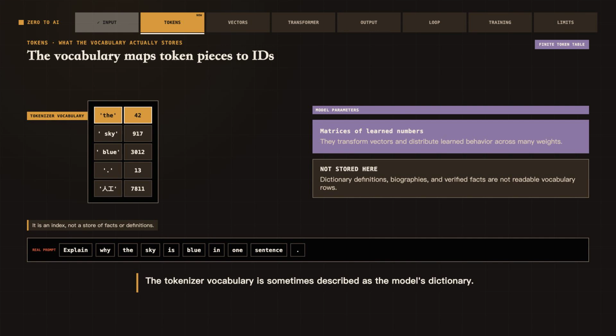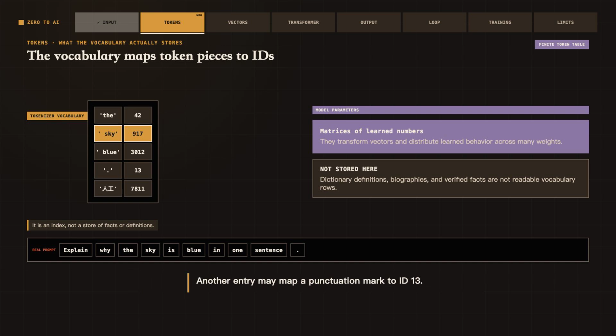The tokenizer vocabulary is sometimes described as the model's dictionary. That wording causes confusion. The vocabulary is a lookup between token pieces and integer IDs. For example, one entry may say that a particular text piece maps to ID 12,481. Another entry may map a punctuation mark to ID 13.